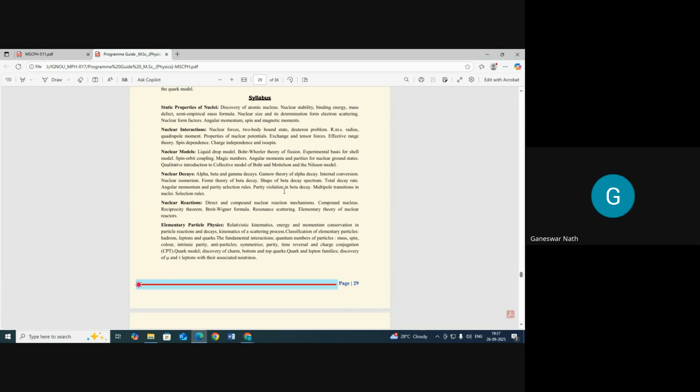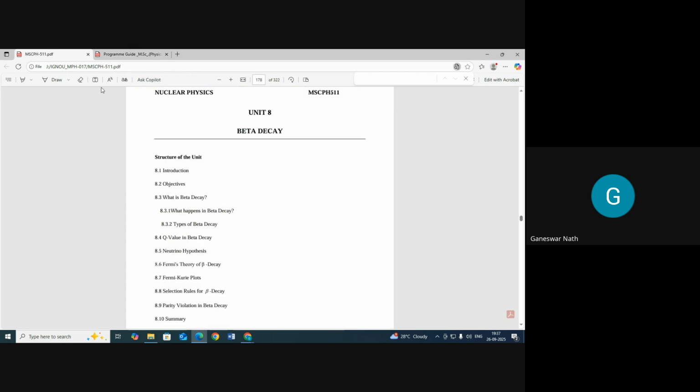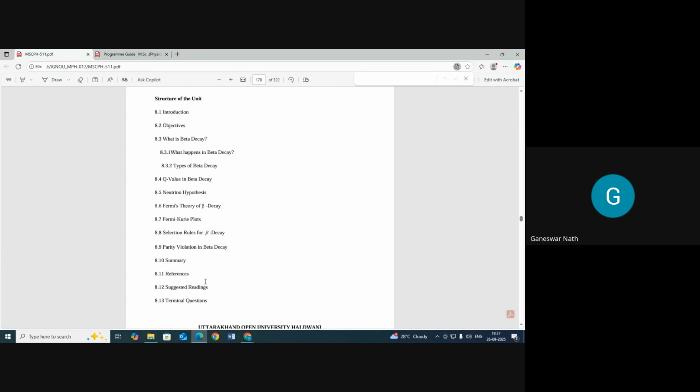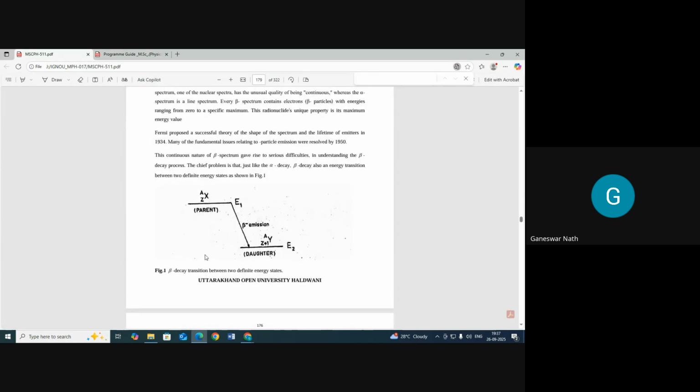Then the Fermi theory of beta decay, and the shape of the beta decay spectrum, have to be read here. So let me discuss these factors: the Fermi theory of beta decay, the Fermi-Kurie plot, and parity. I may share all these things here.